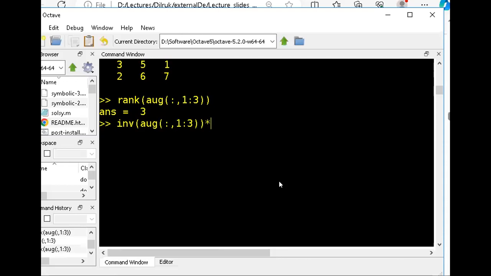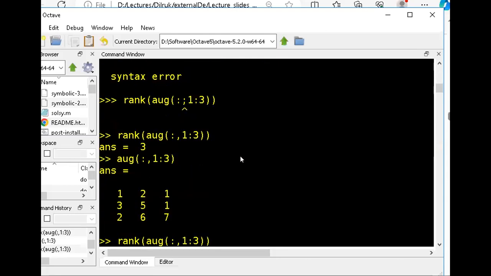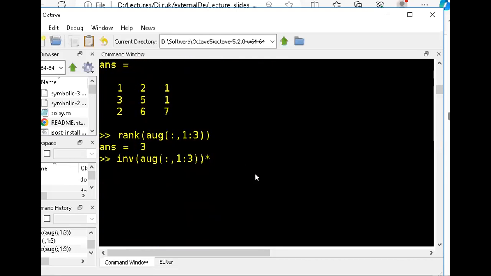What is the right hand side? The right hand side of the augmented matrix. I want to read this column. Which one? Fourth column. Let's retrieve the fourth column, only the fourth column, all rows.